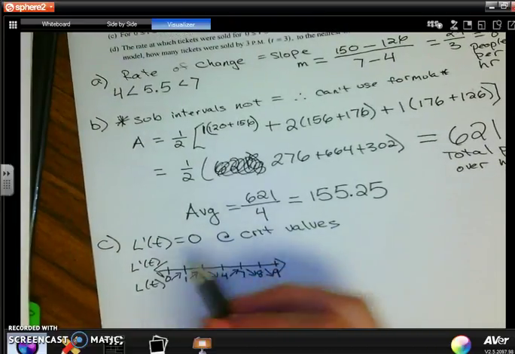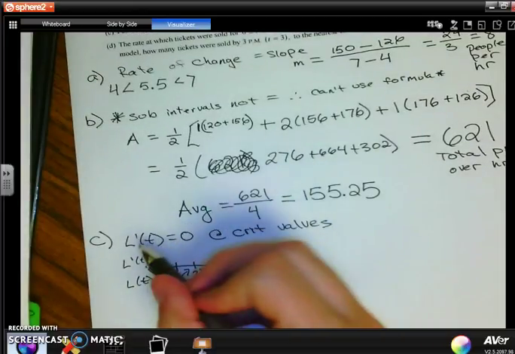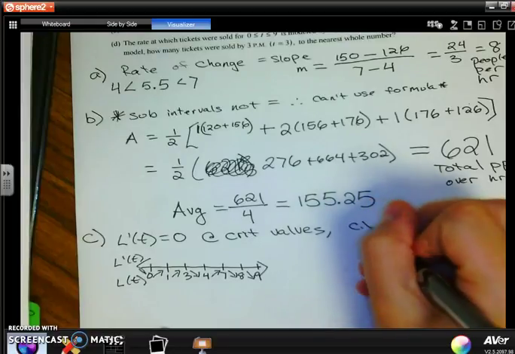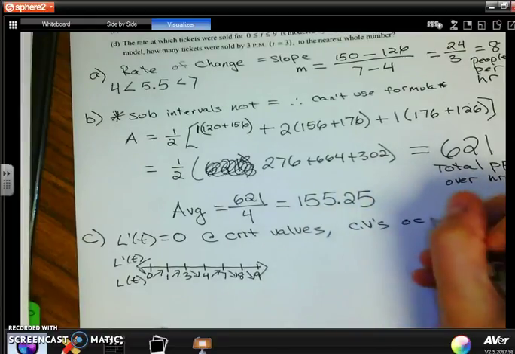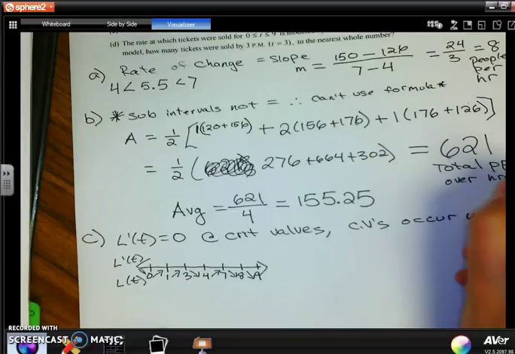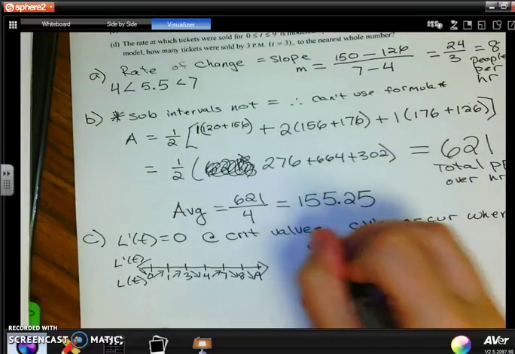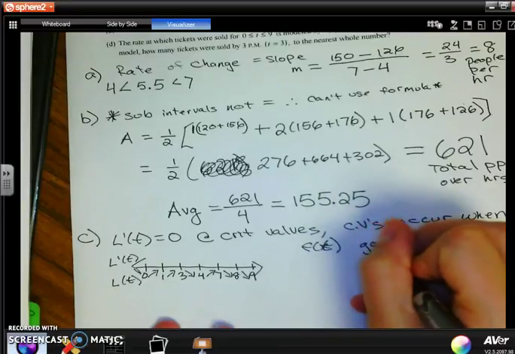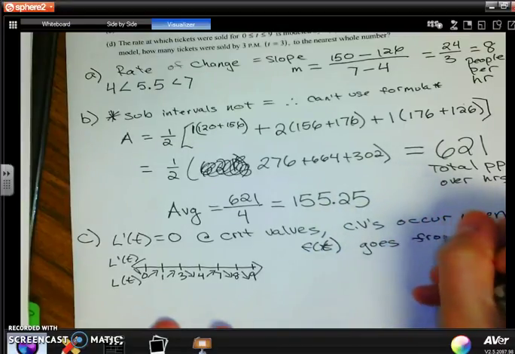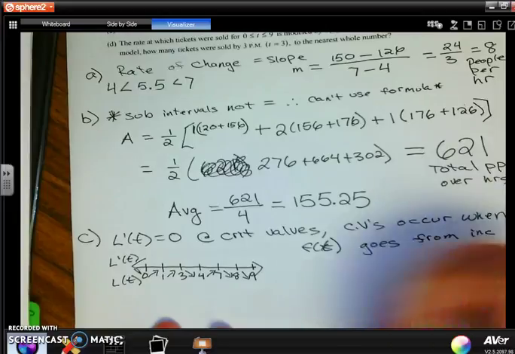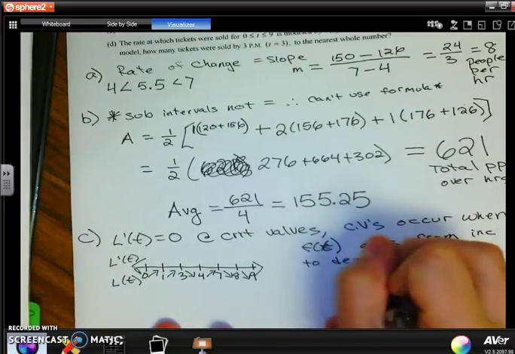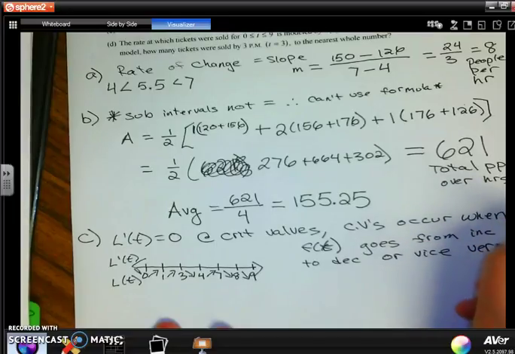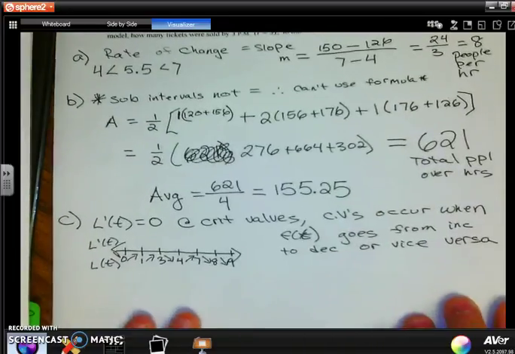So I know that the derivative equals 0 at critical values, and I'm just going to make a note here that critical values occur when f of t goes from increasing to decreasing, or vice versa. And you are allowed to use that terminology on the test.